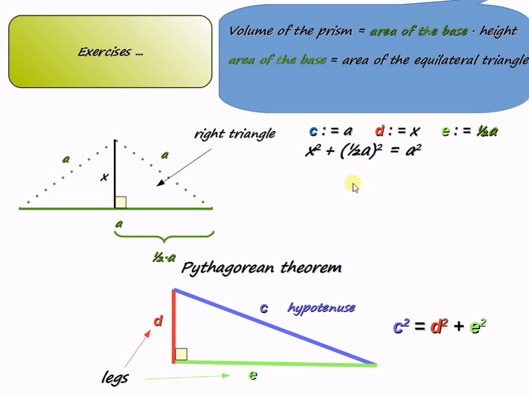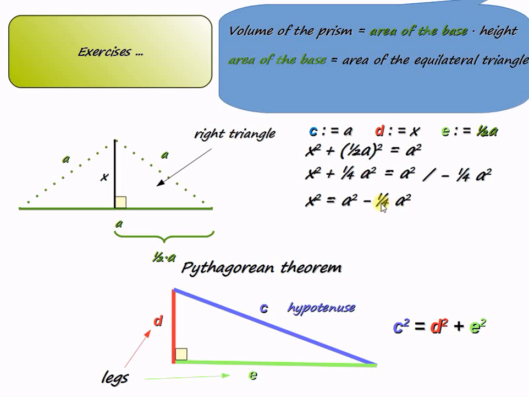We simply follow the order of math operations, so we raise half of a to the second power. Then we would like to solve the equation for x. That's why we need to leave x squared alone on the left hand side of the equation. So we take off the second term from both sides, which gives us x squared is equal to a squared minus 1/4 a squared.